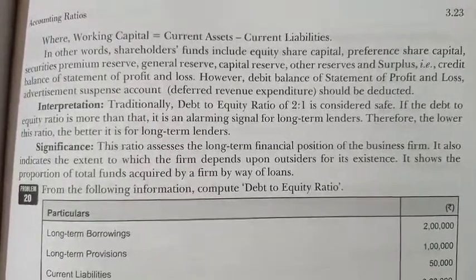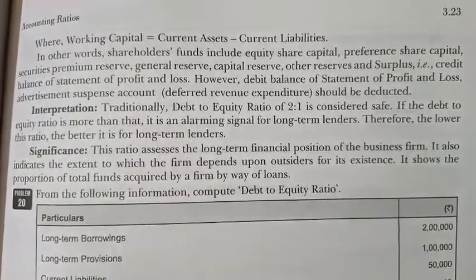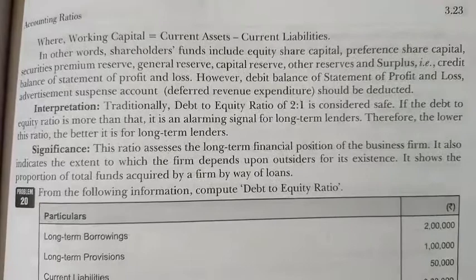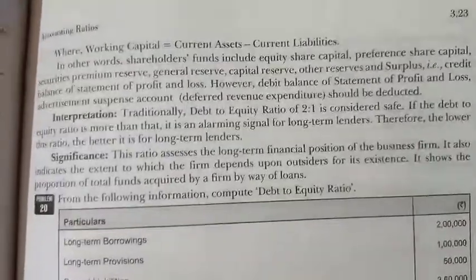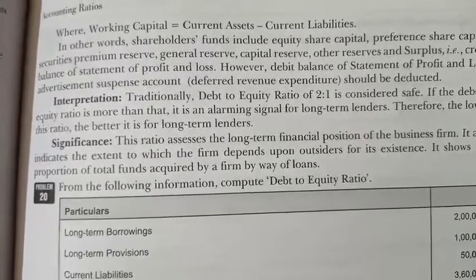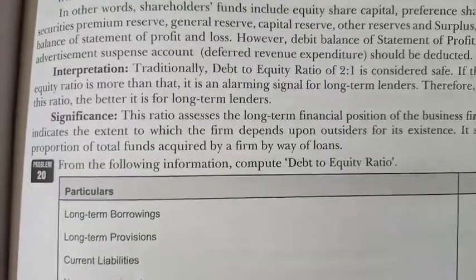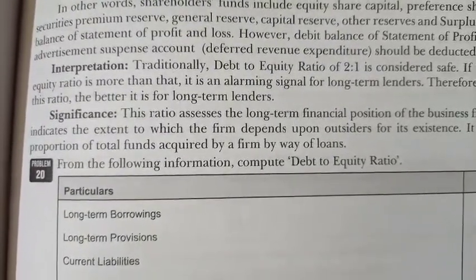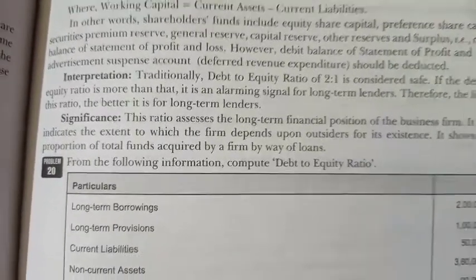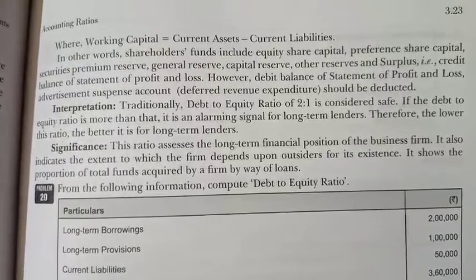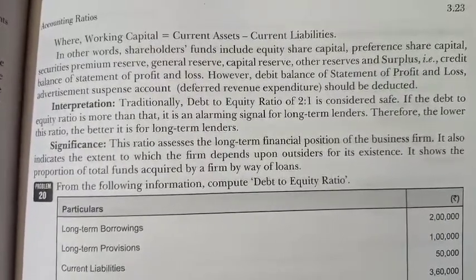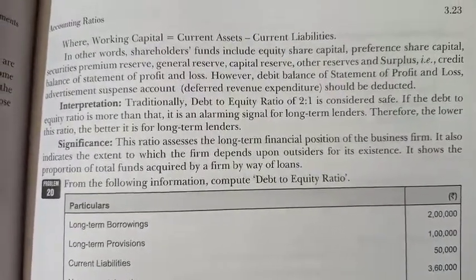If the debt to equity ratio is more than that, it is an alarming signal for long-term lenders. Therefore, the lower this ratio, the better it is for long-term lenders. Significance: this ratio assesses the long-term financial position of the business firm. It also indicates the extent to which the firm depends upon outsiders for existence.